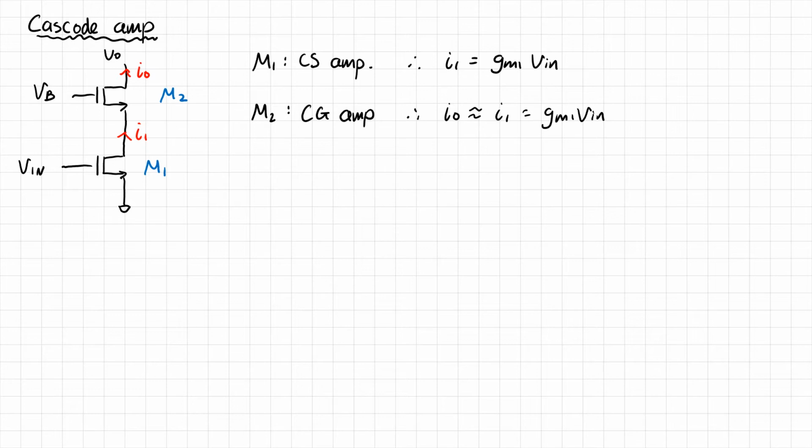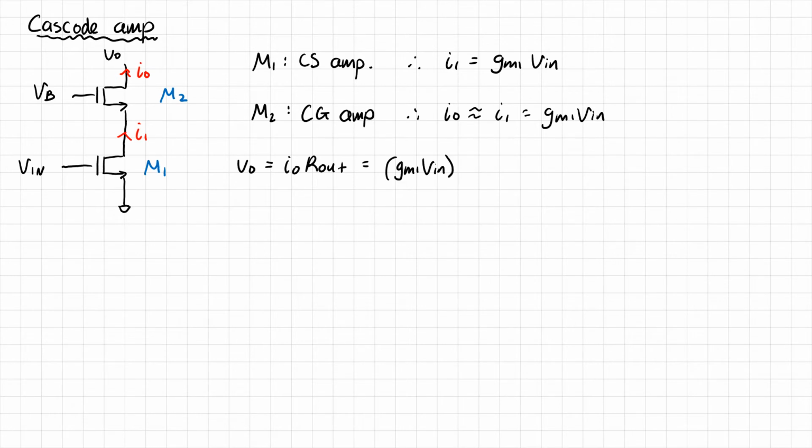So if we want to calculate the output voltage, we can say that the output voltage is I0 times the output resistance of the circuit. Wouldn't it be nice if we already had the value of the output resistance of the circuit? Well, if only we had derived this in the previous slide. Oh, we did. Okay, so the current is just, as we said, GM1 times Vin.